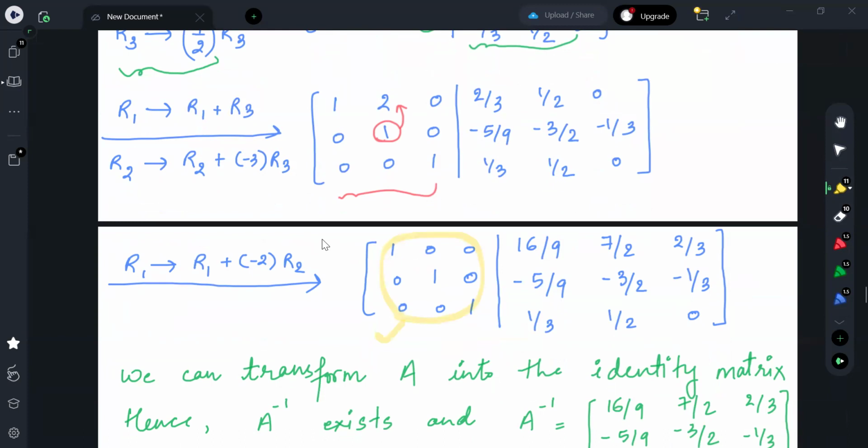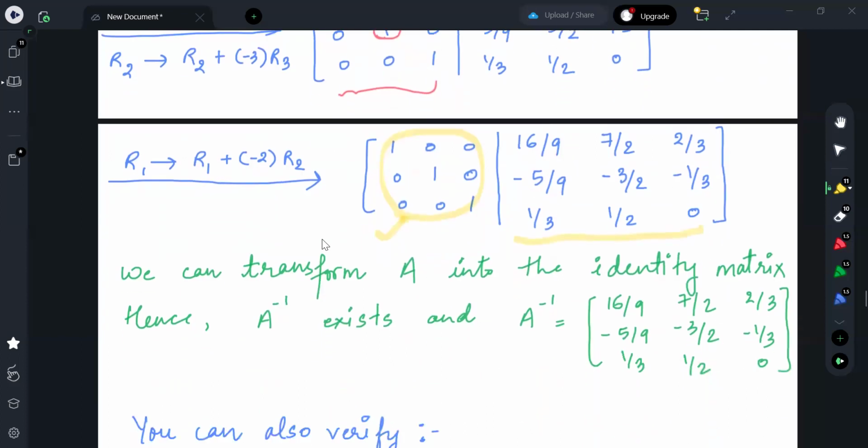And this is what we wanted. Based on the steps above, if you have obtained an identity matrix on your left-hand side, then the matrix on the right-hand side is going to be your A inverse. So we can transform A into the identity matrix, hence A inverse exists, and A inverse equals this 3x3 matrix.